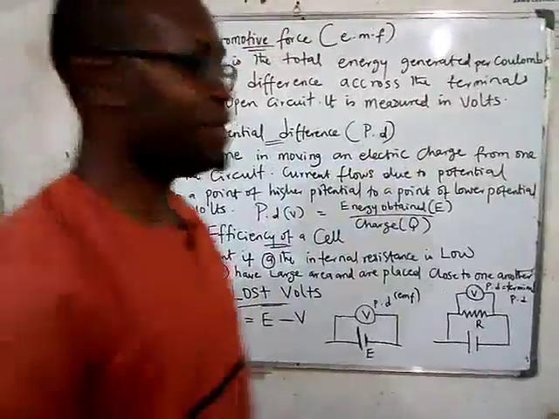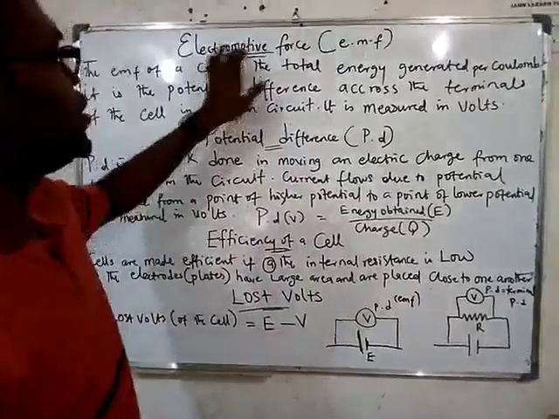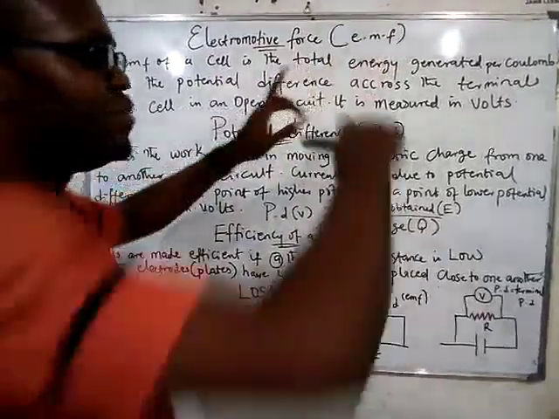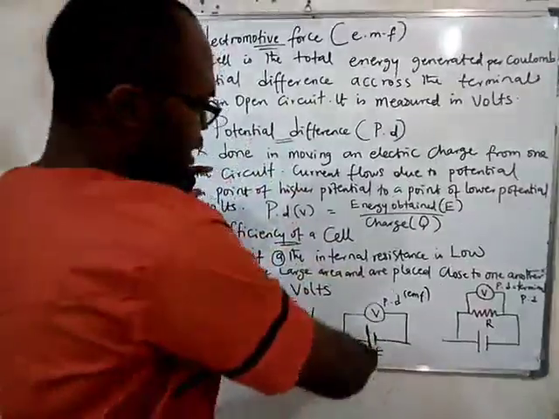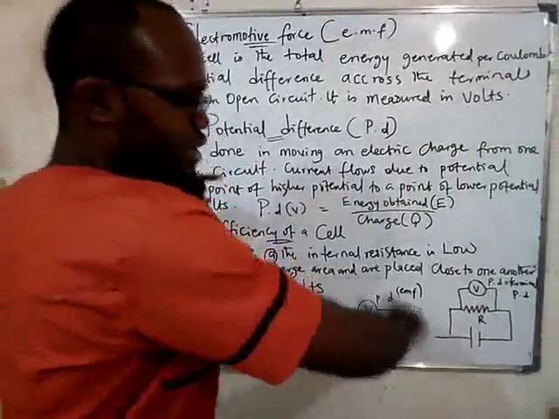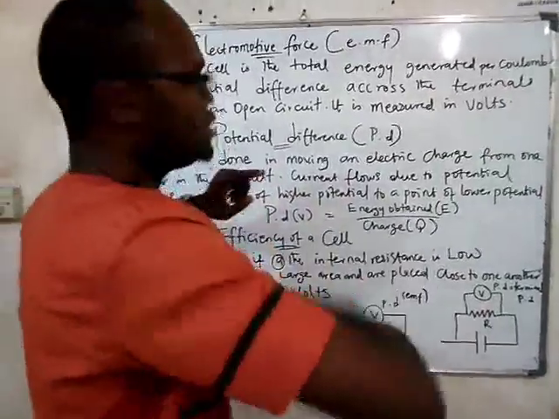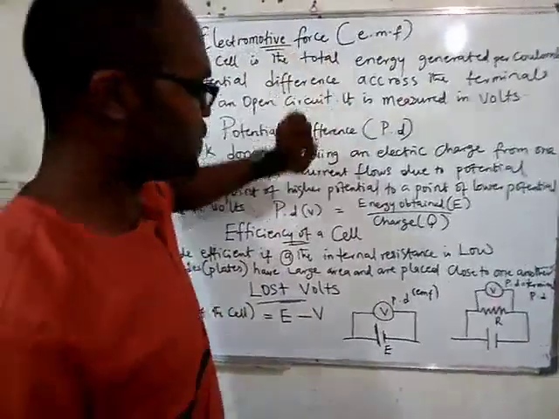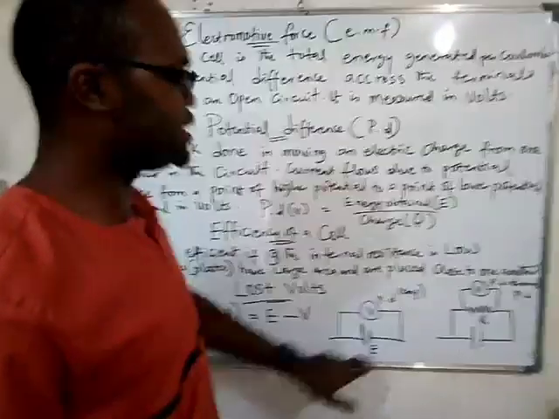We've been able to explain 3 concepts. Electromotive force, like I told you, is the energy that is generated that enables charges to flow through the circuit, causing current. So that force, that energy, is known as electromotive force, and that energy is coming from the cell.